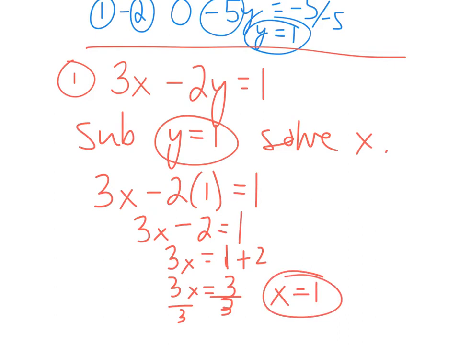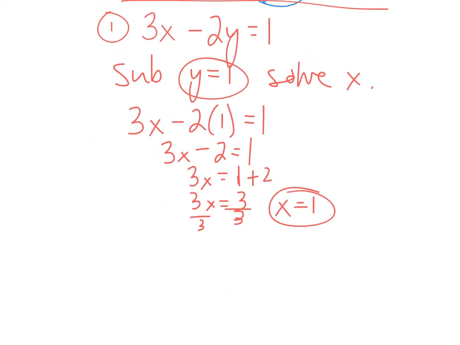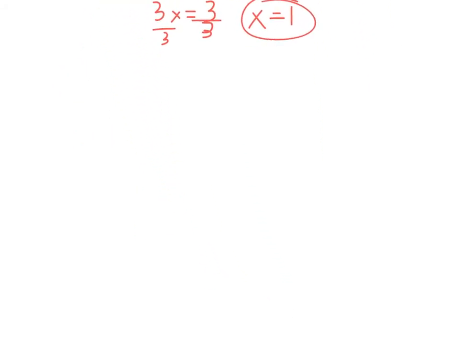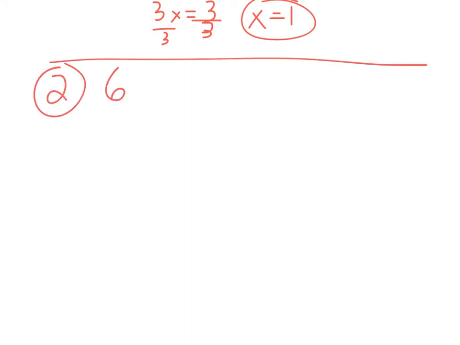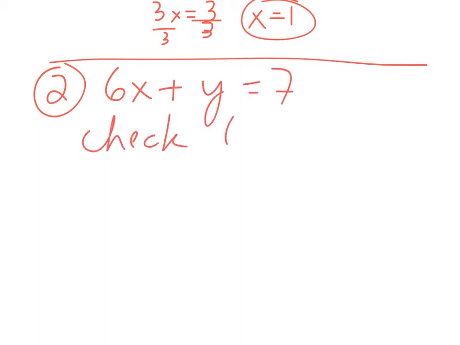So now we have the second value in our linear system, and now we need to check with the other equation if it's true. Let's take equation 2, which is 6x plus y equals 7, and check if 1 comma 1 is the solution. We solved for y equaling 1 in our first part, and in the second part we solved for x being 1.